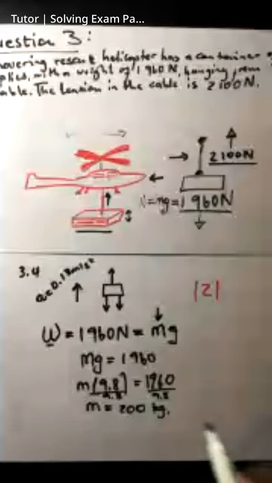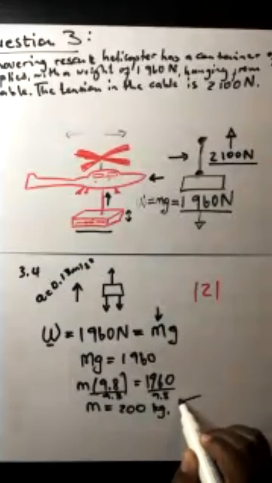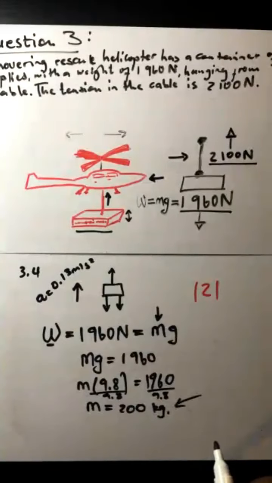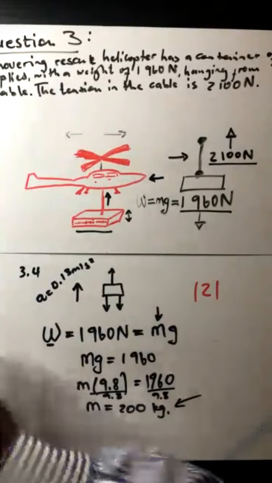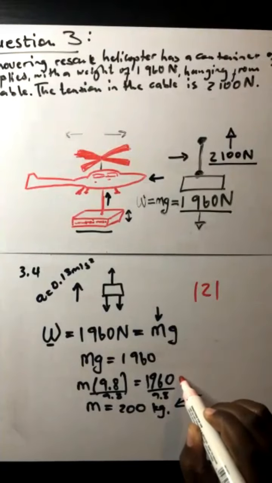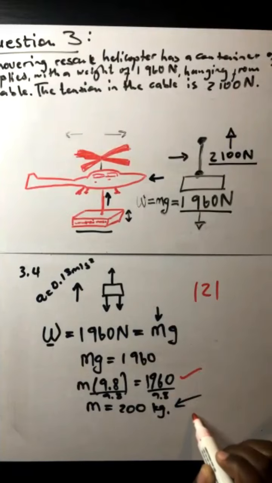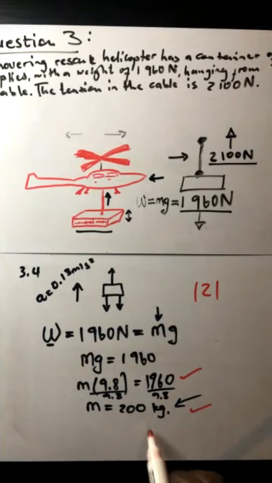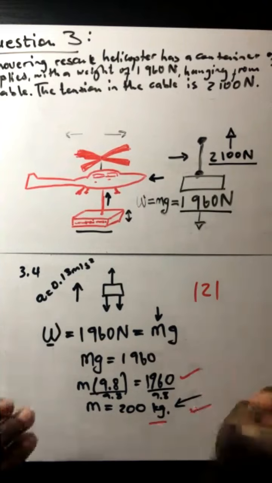So remember, guys, mass is measured in kilograms. The SI unit for measuring the mass is kilograms. So they are going to give you a mark for correct substitution and a mark for correct answer with the correct SI unit. So guys, did all of you understand that 3.4? I think it wasn't really that complicated.